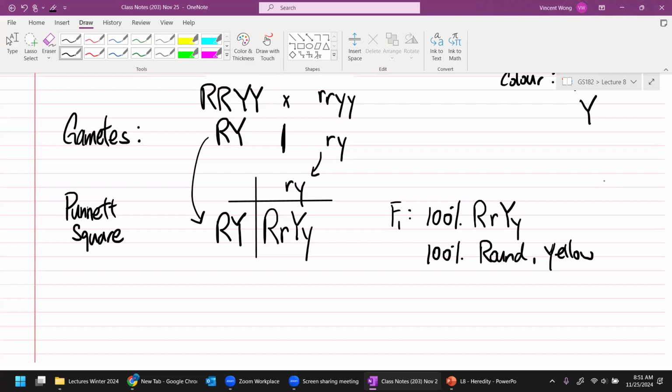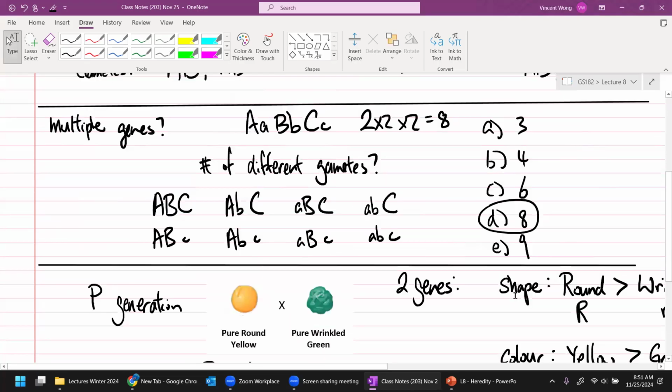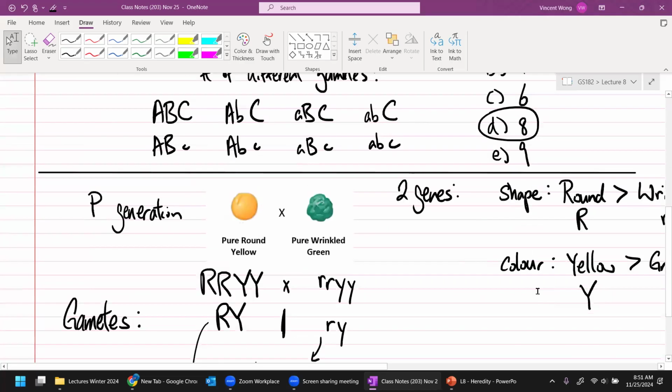Whenever the parents are pure, then 100% of the time, the F1 generation will show the dominant phenotype. So even though one parent is yellow and the other is green, because yellow is dominant over green, 100% of the time the F1 will be yellow.